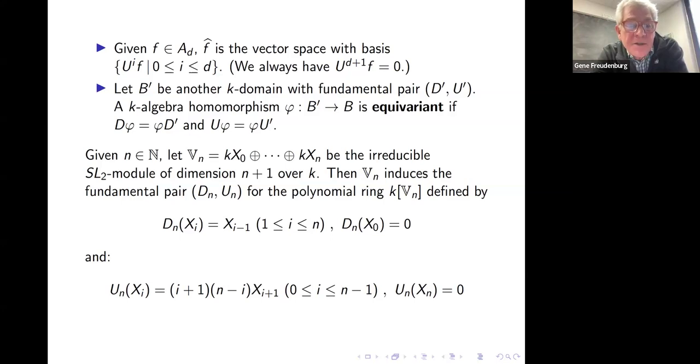And then U_n goes the other direction, increases the index, except I have to adjust the coefficients in front accordingly. So I'm not using the standard representation of binary forms. I'm using something that makes D as simple as possible to work with, because that's my point of view. All right, so we have these standard linear SL2 actions.